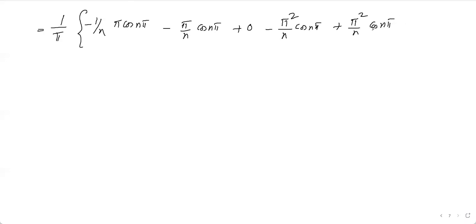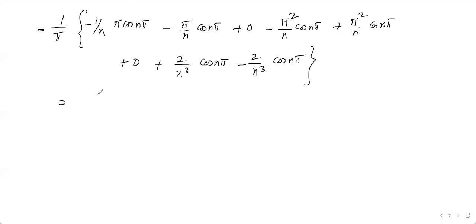Okay, and plus 0, and this is 2 by n cube cos n pi minus 2 by n cube cos n pi. Okay, so you can see the like terms get cancelled.